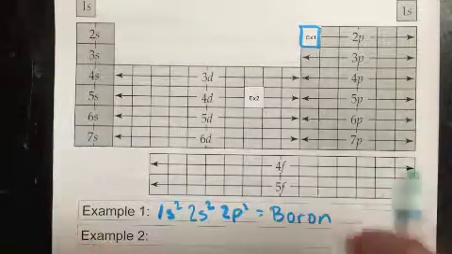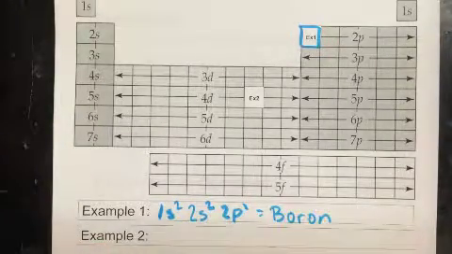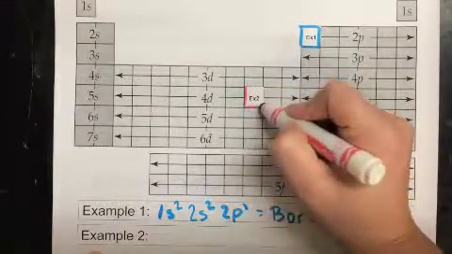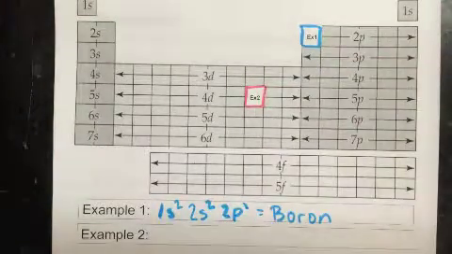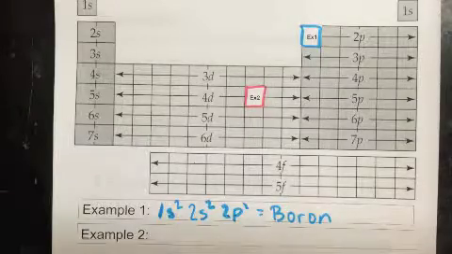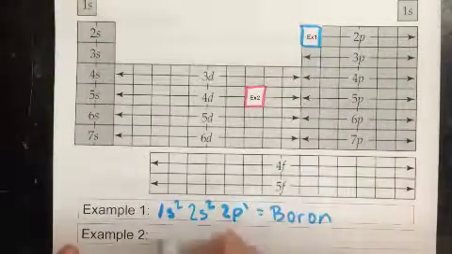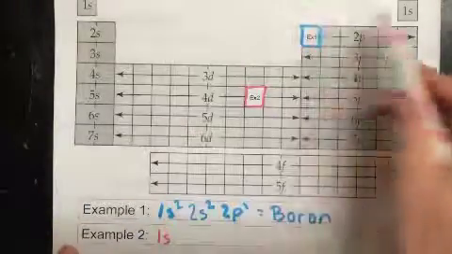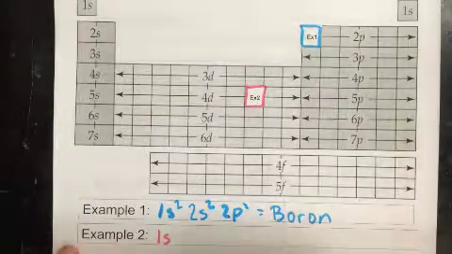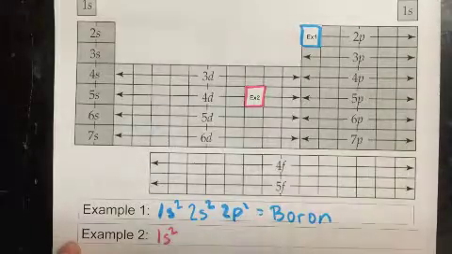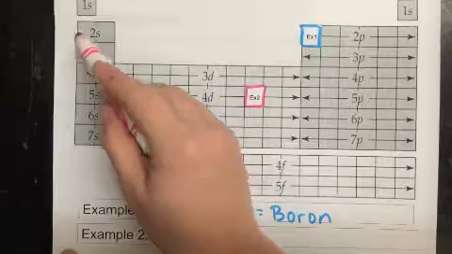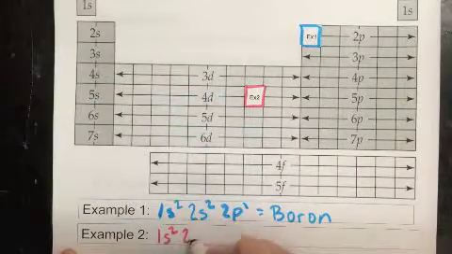Okay, so let's try example 2. Example 2, we go a little bit further here. Okay, so we're going to start at the top, work our way down. So again, 1s. Our element is not there, so that means the 1s is completely full, so that is 1s2. Now you drop down, we hit the 2s.